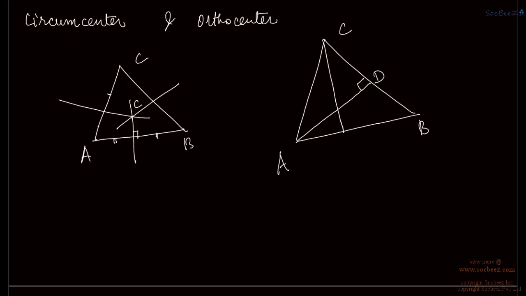Similarly, if this is E, CE is an altitude, and if this is F, then BF is an altitude. These altitudes are also concurrent at a point known as the orthocenter. We can also calculate the circumcenter and orthocenter in terms of the sides and the coordinates of the vertices.